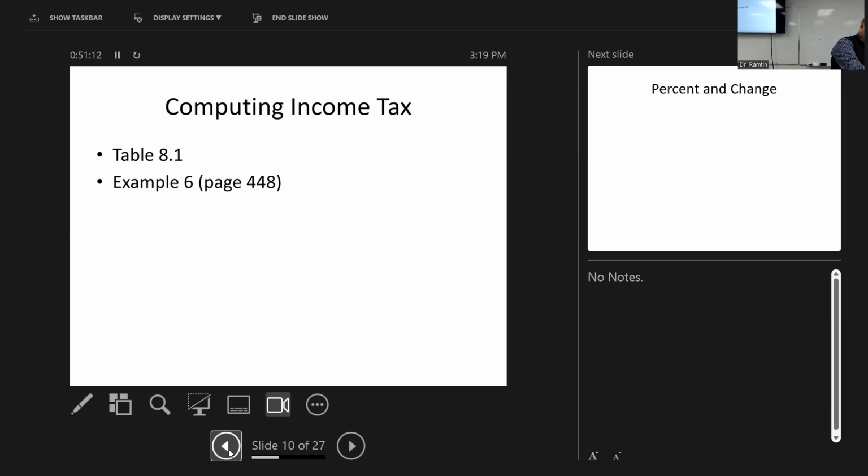Now, in order to figure that out, you have to use table 8.1. And you see the way it works is this. Look at the first column. It says tax rate. The second column tells you when you're single, up to 8,000 is 10%. From 8,000 to 32,000 is 15%, and so on.